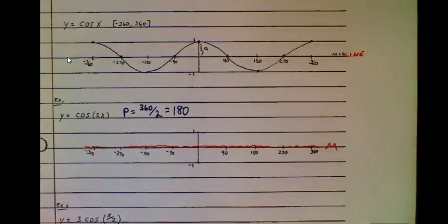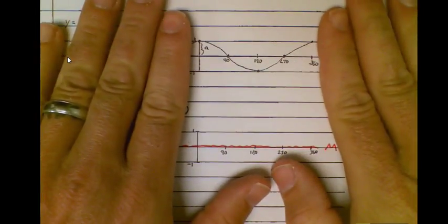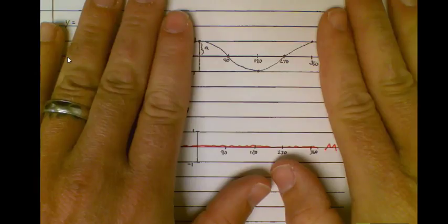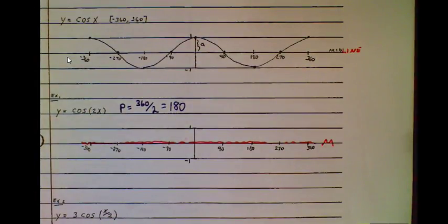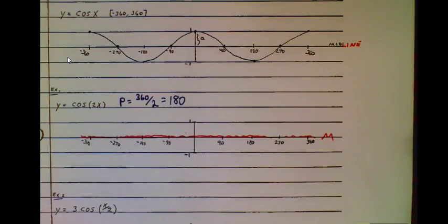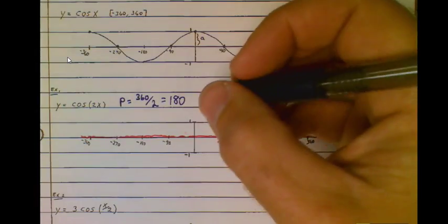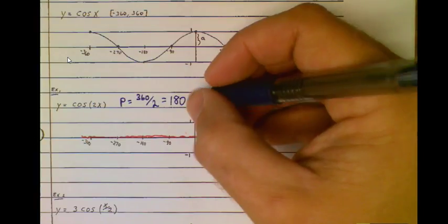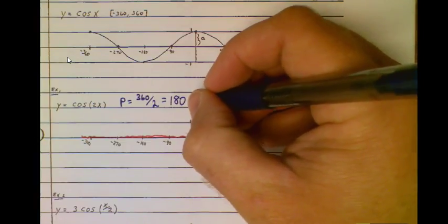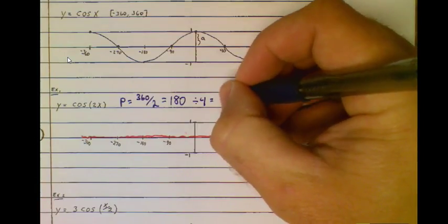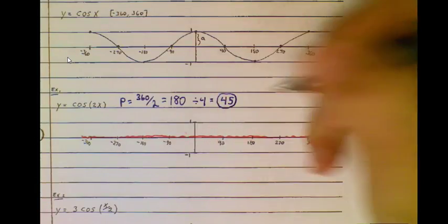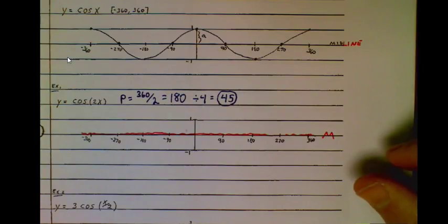One full period would look like this. So that is one full period of the graph. And that's what I should see every 180 degrees for this graph. Just like what we did in the sine graph, I'm always going to take the period and divide it by 4 to see how often I should be making a mark. So for this one, every 45 degrees I should be making a mark on this graph.